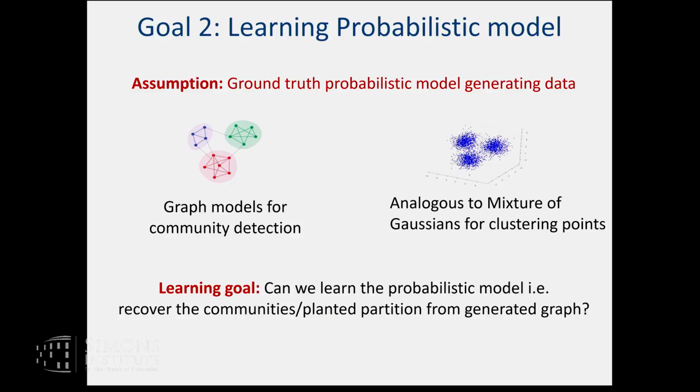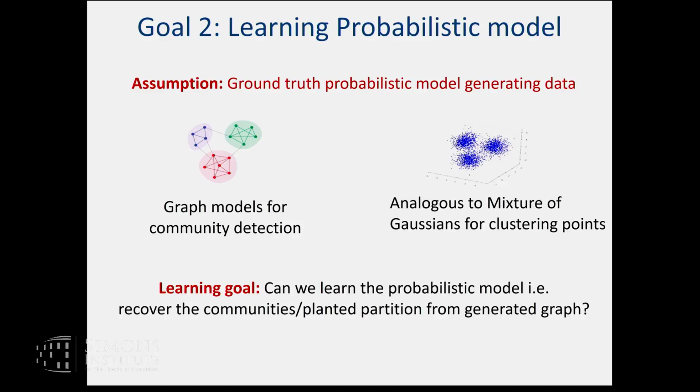The first goal is something we are used to in the approximation algorithms or theory community. The second goal is more common in machine learning. But while these are different goals, they are very related, because typically the objective that you care about, for instance the balanced cut objective, corresponds to the maximum likelihood estimator for the probabilistic model at hand. This may not always be true; it depends on the average case model.